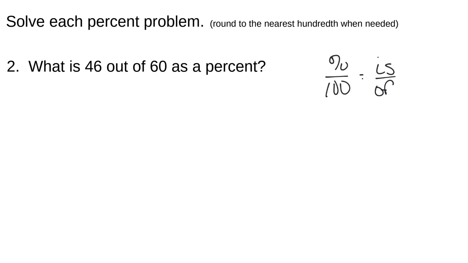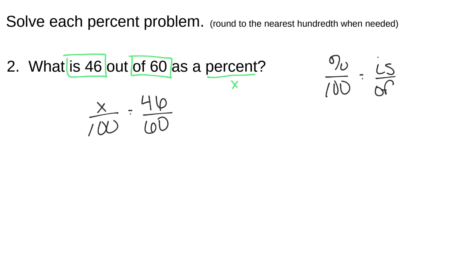The question is saying, what is the percent? This percent right here is what we're looking for. We do see "is 46" and "of 60." So there's where our pieces go. X is going to be my percent, is 46, of 60.